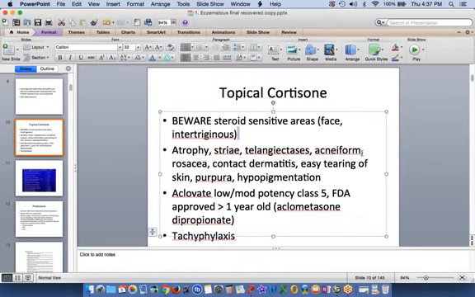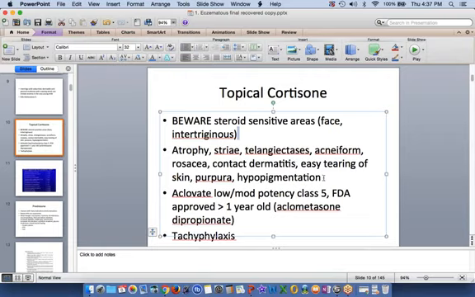When you put steroids on, they could give you a form of acne, acne vulgaris, acne rosacea. You could even become allergic to some of the products in the topical steroids. And then when skin thins, you could get easy tearing of the skin and sometimes purpura.